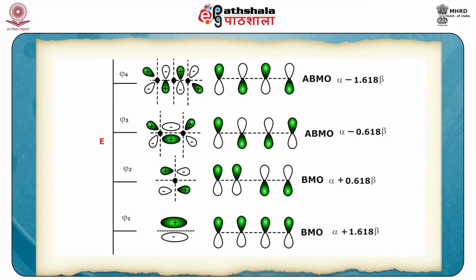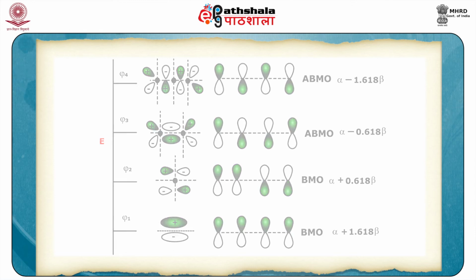So there is a change in sign of the coefficient as we go from carbon atom 1 to carbon atom 2, then again from carbon atom 2 to carbon atom 3, and again from carbon atom 3 to carbon atom 4. From this one thing is very clear, that as the number of nodes increases, the corresponding energy of the molecular orbital increases.